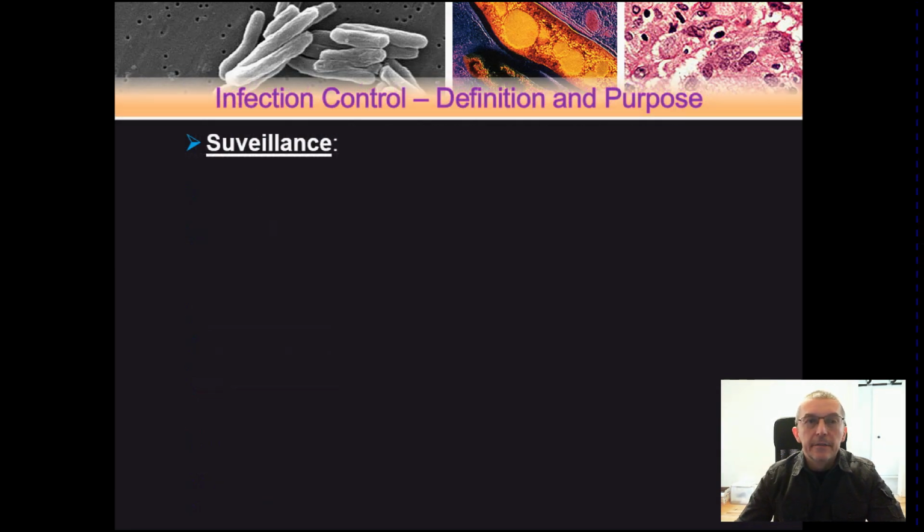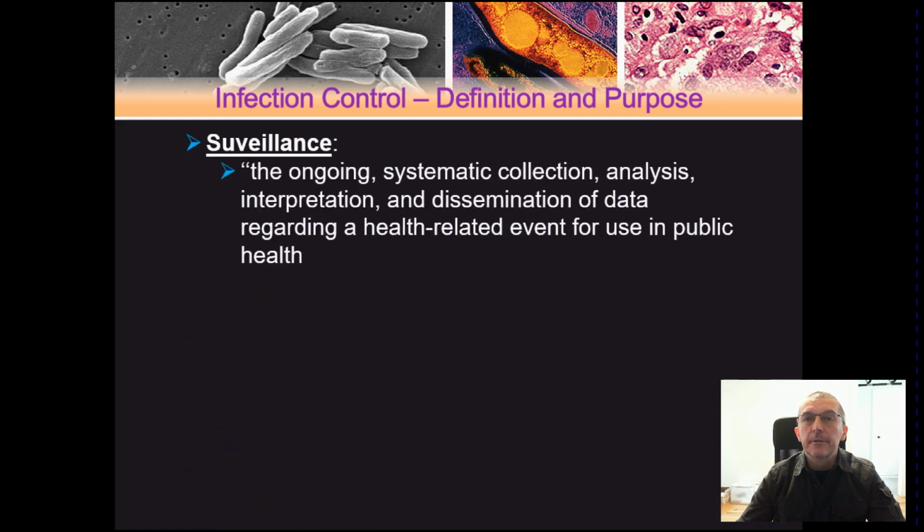So surveillance. Surveillance is basically the systematic collection of data, but not just the collection, it's also the analysis, interpretation, and the dissemination or spreading of that data in order to be able to use it in case of an event in public health.